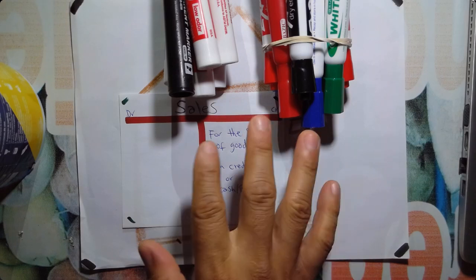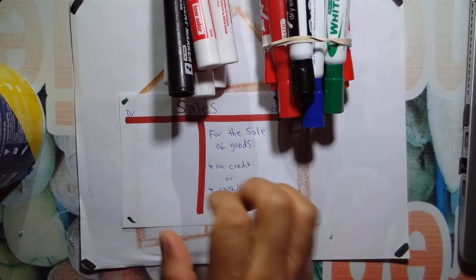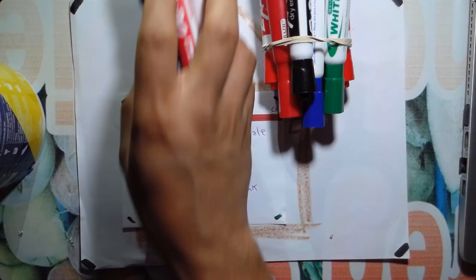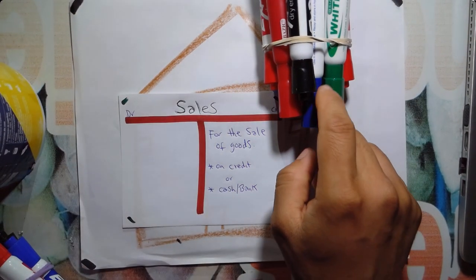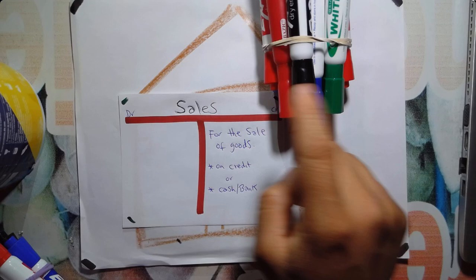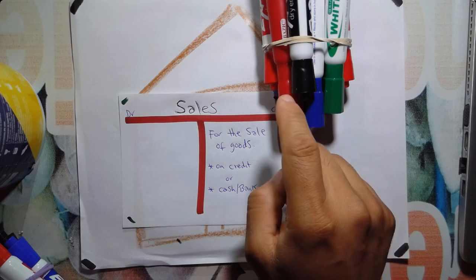This is the inventory before the sale. If I sell these markers, what is happening to the inventory I had here? Is it more? Is it less? Well, it's less inventory.